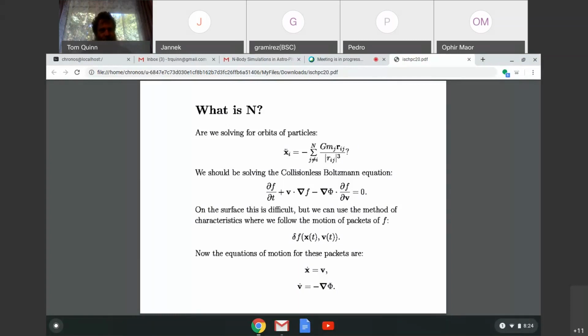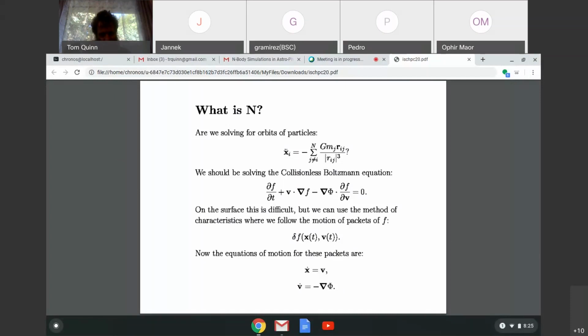which looks very difficult, but the way we can solve it is using the method of characteristics, where we break up our probability distribution f into packets, the delta f, and the packets will follow trajectories in position and velocity space as a function of time.